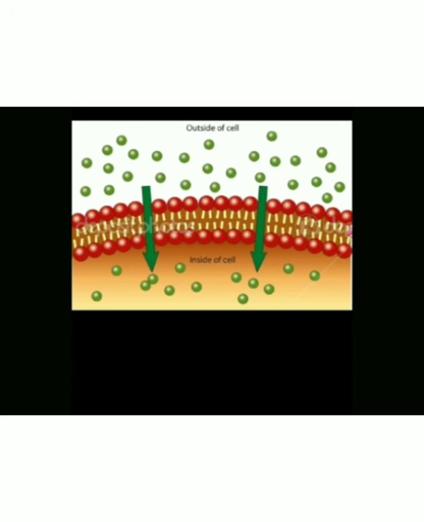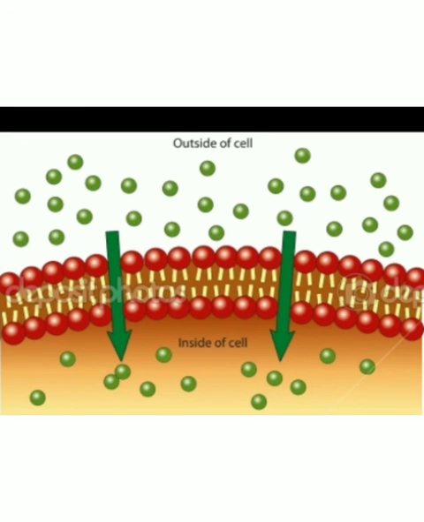Thus osmosis is the passage of water from a region of higher concentration to a region of lower concentration through a selectively permeable membrane, till equilibrium is reached. Equilibrium means both outside the environment and inside the cell, it must be at the same rate. Then we call it osmosis. This is the difference between diffusion and osmosis.